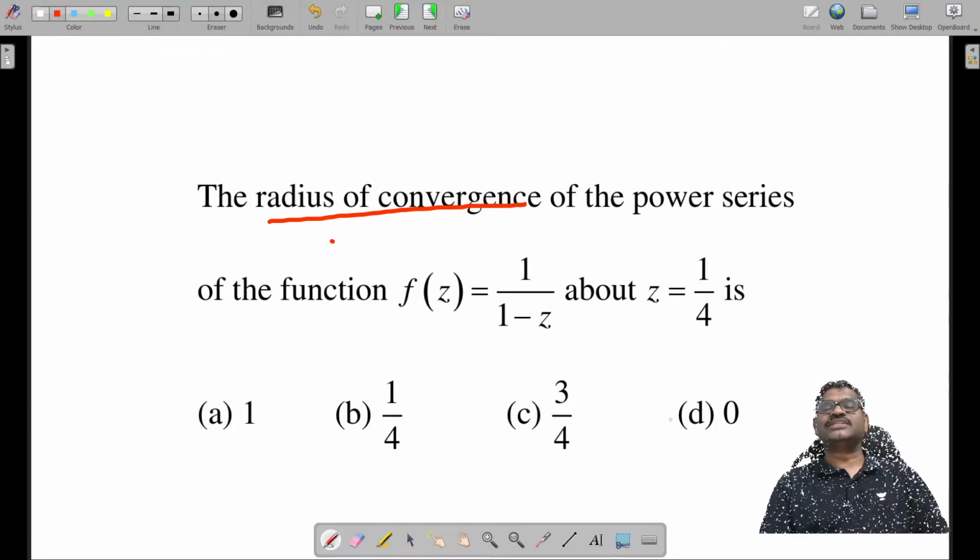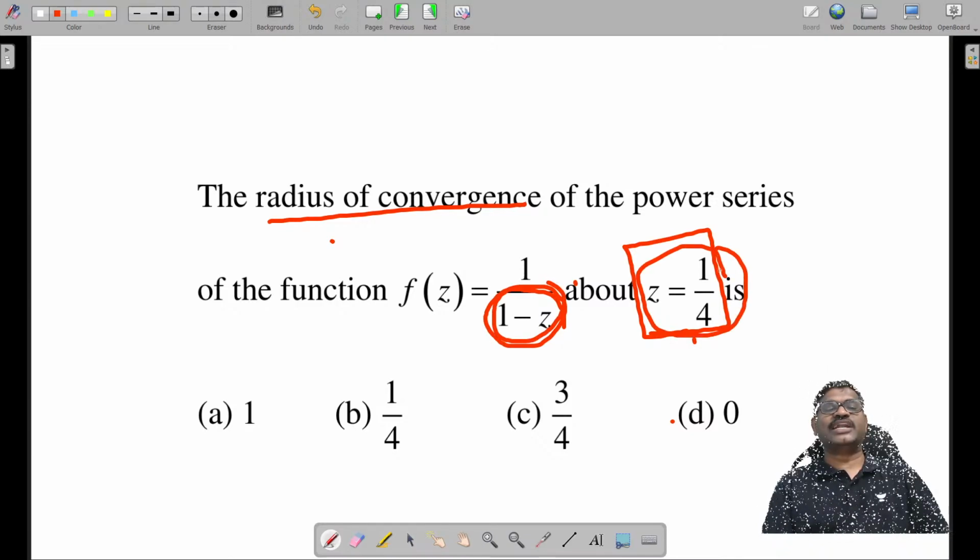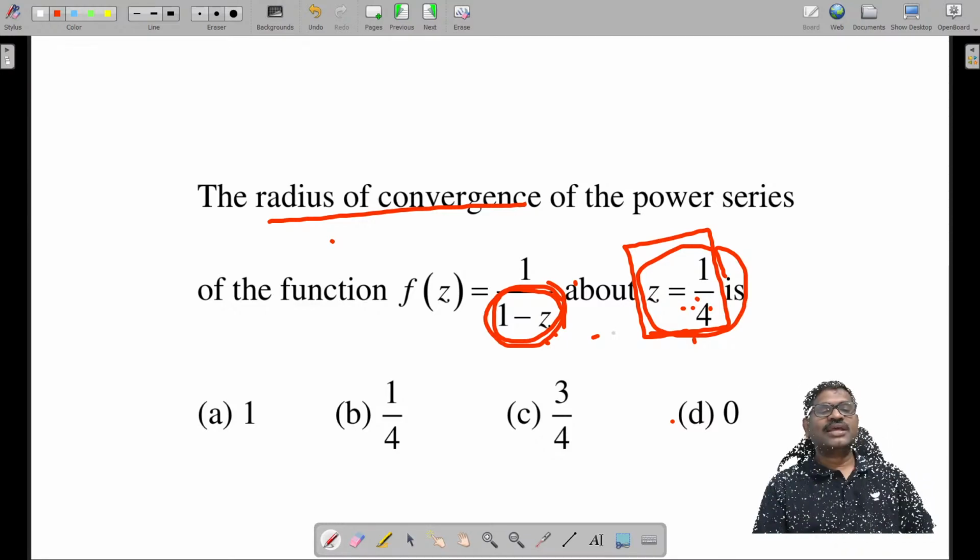Here z naught is 1 by 4. The singular point is z equal to 1. So what is the shortest distance between 1 by 4 and 1? It is 3 by 4. That is the radius of convergence.